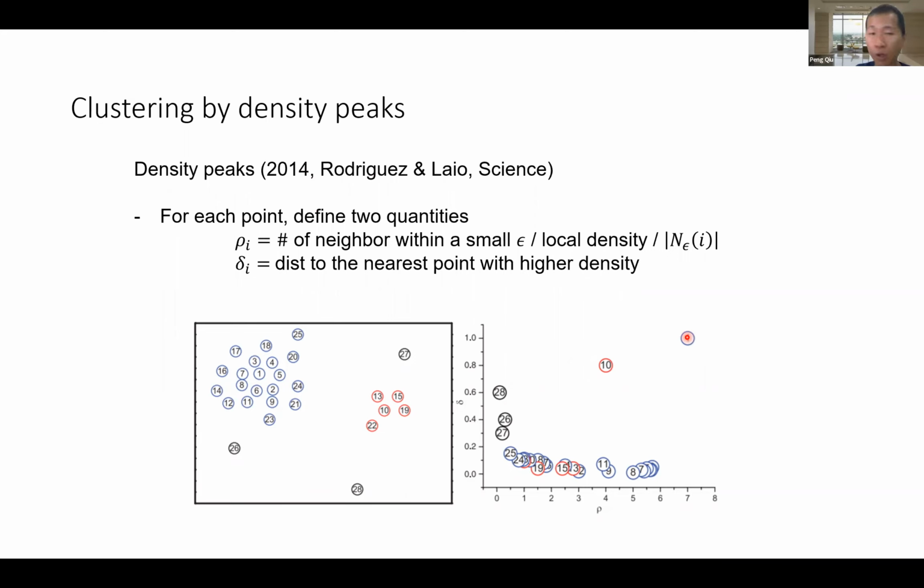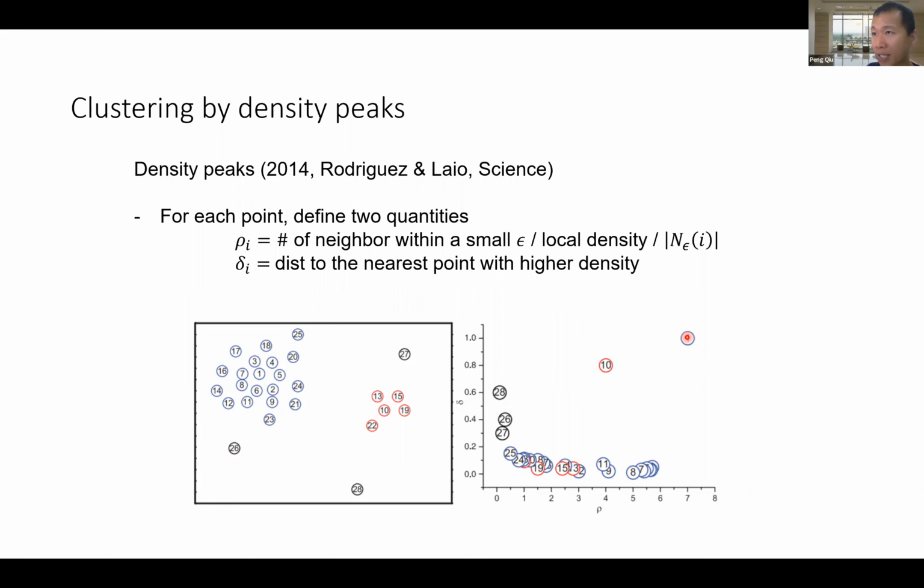Those are cluster peaks, or little hilltops that are far away from other hilltops, and those are likely to be cluster centers. The basic idea is very similar to the DBSCAN algorithm on the previous slide.